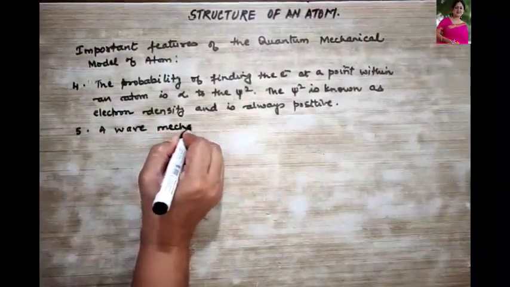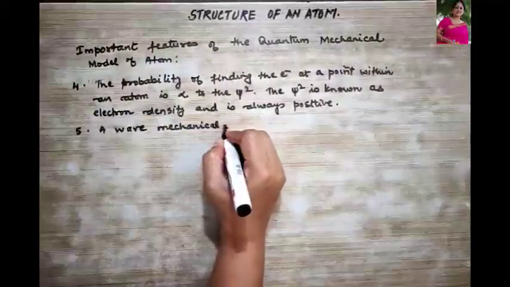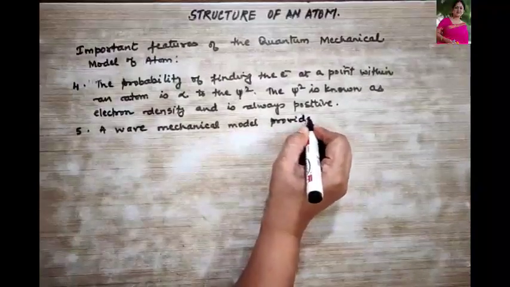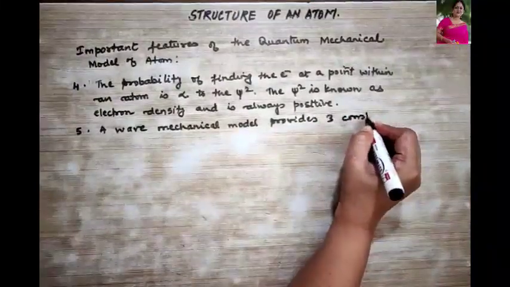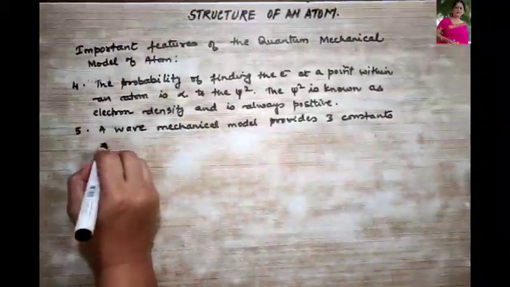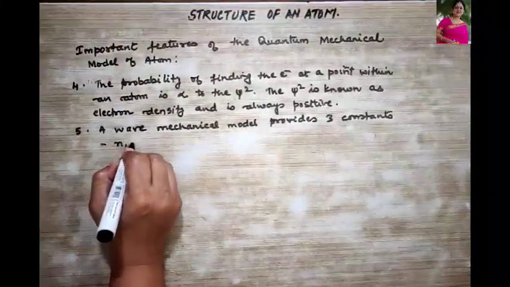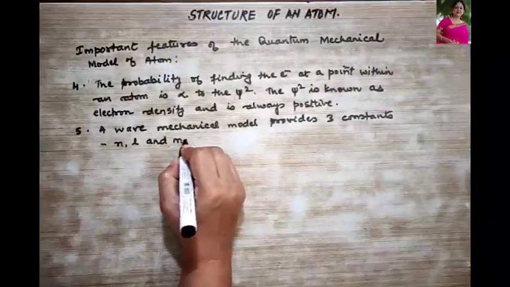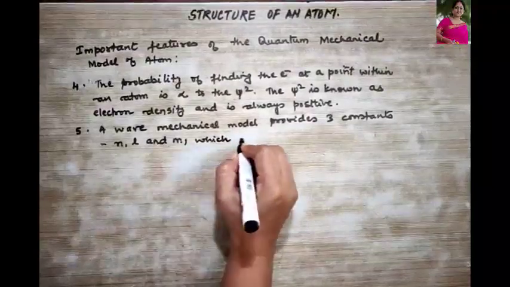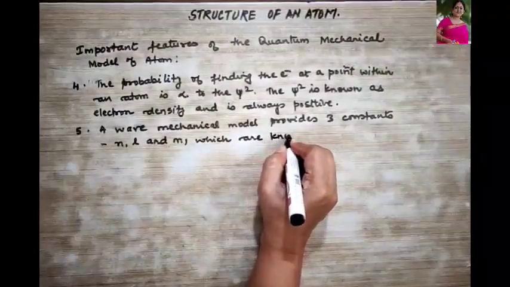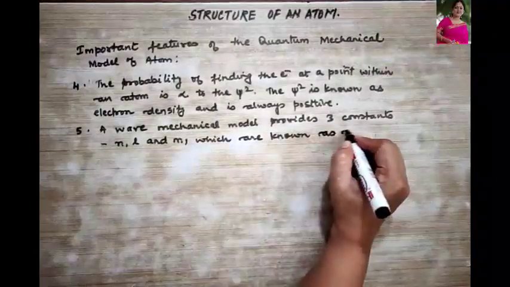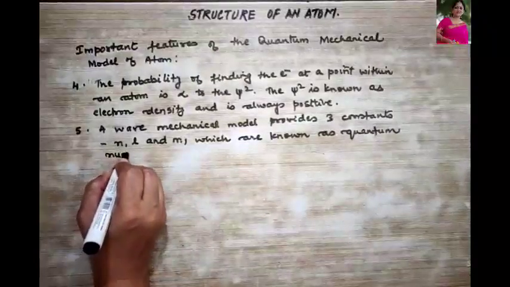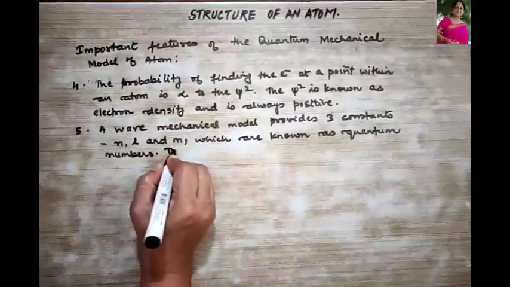So the wave mechanical model provides three constants. What are they? As I told you, n, l, and m, which are known as quantum numbers.